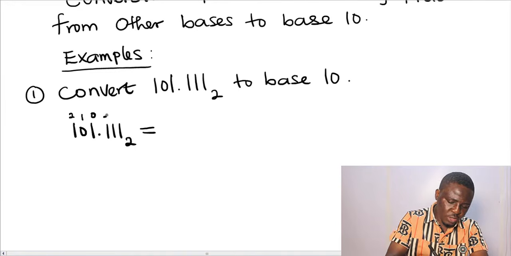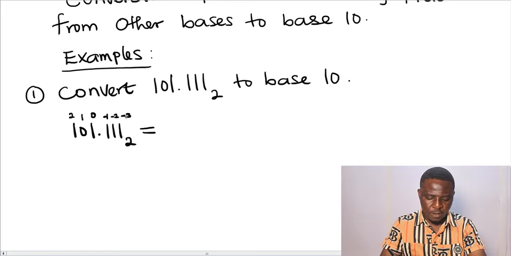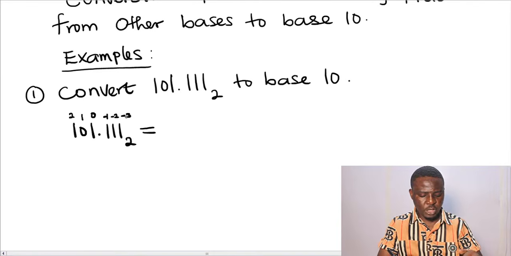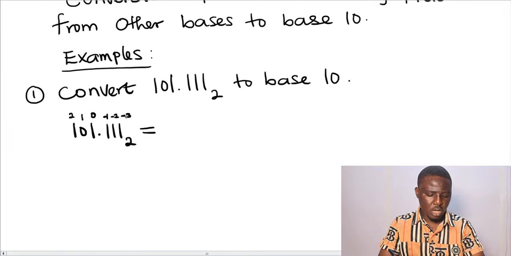The first digit is going to have a place value of -1, the second -2, and the third -3.